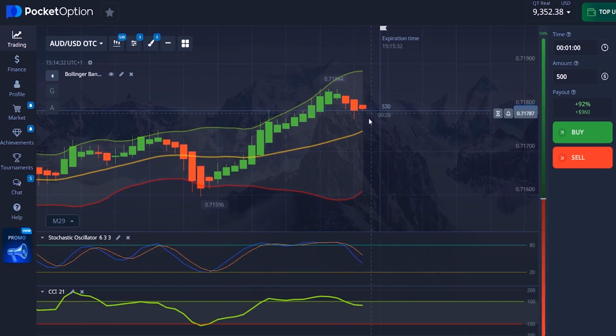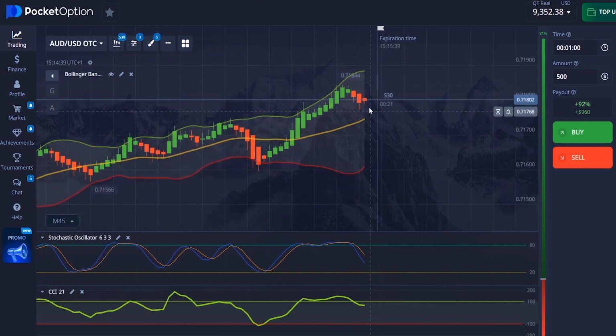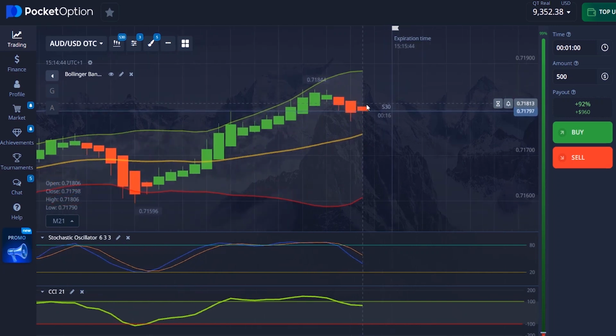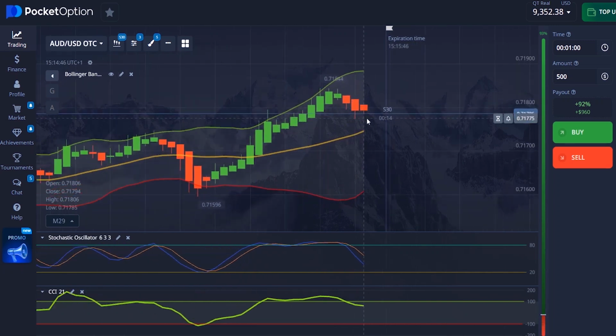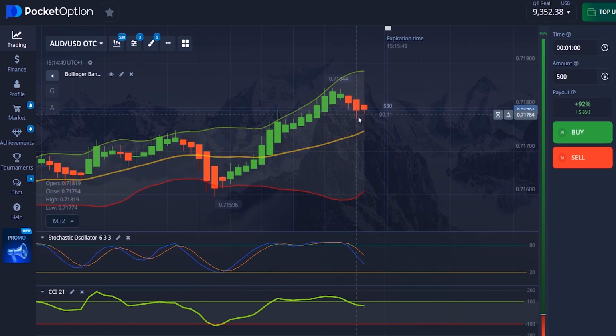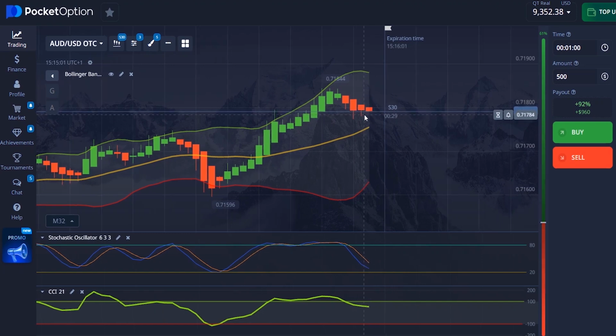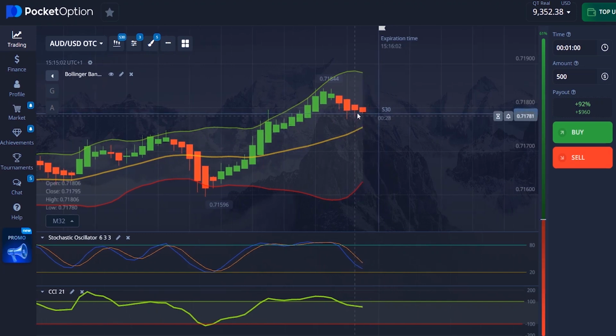So the next candlestick should confirm the reversal. It has to engulf this previous candle. Subsequent candlesticks have to engulf those candles.